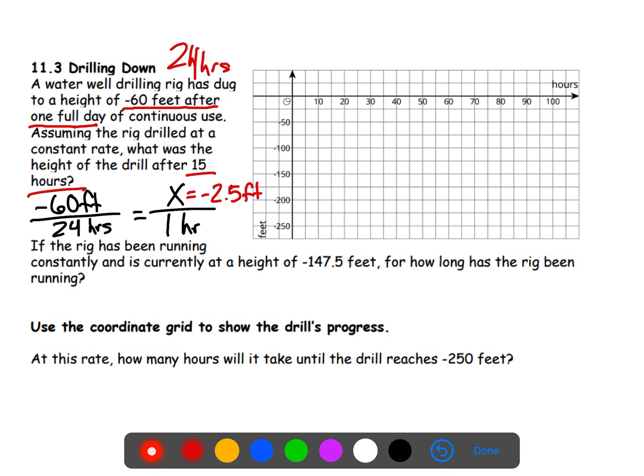So every hour, this drilling rig is going -2.5 feet. The question asks for 15 hours, so we just need to make this 15 times greater. So multiply that by 15, and we'll get our answer, which is -37.5 feet. Remember, all these quantities are negative because we're going below the surface of the earth.